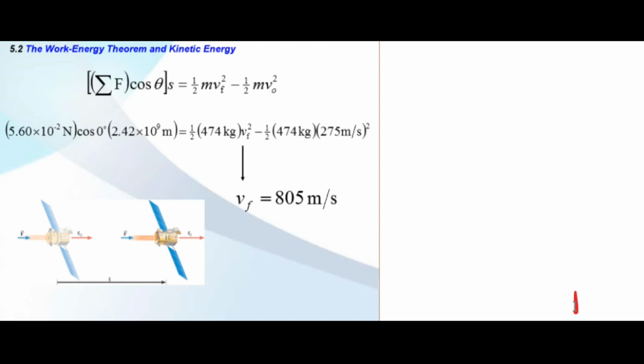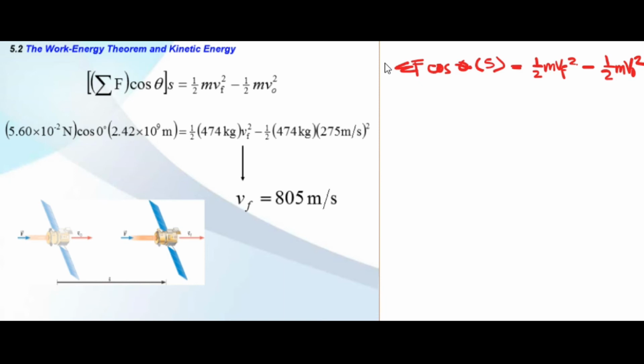So from this equation, we have the summation of F cosine theta times S is equal to 1/2 m vf squared minus 1/2 m v sub o squared.